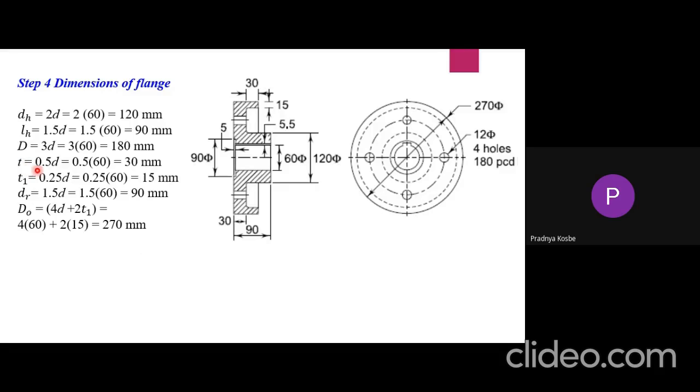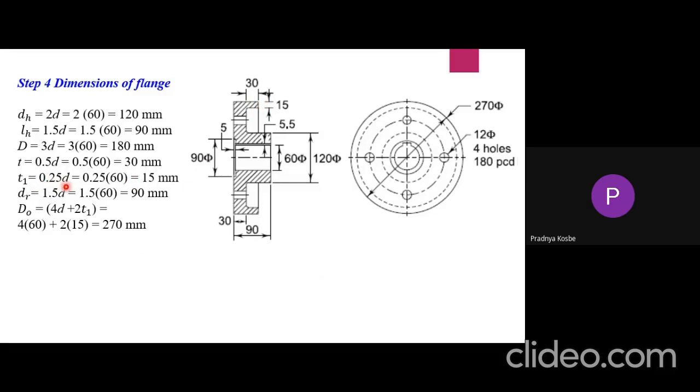T is the thickness of the flange, and T is 0.5 times the diameter of the shaft. So it is equal to 0.5 into 60, which is 30 mm. T1 is this thickness of the flange.